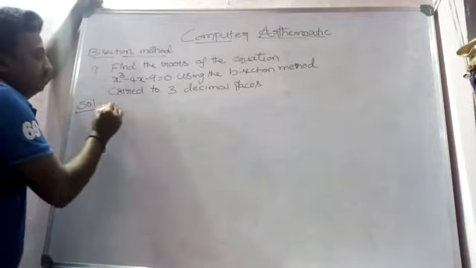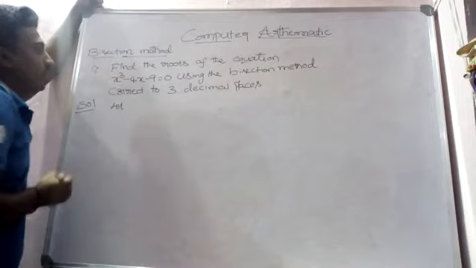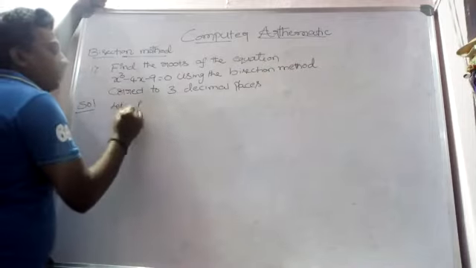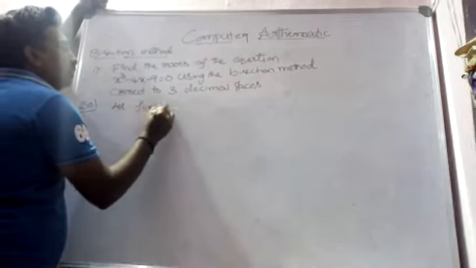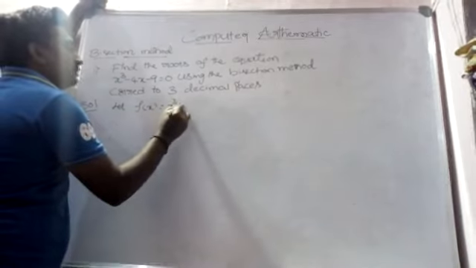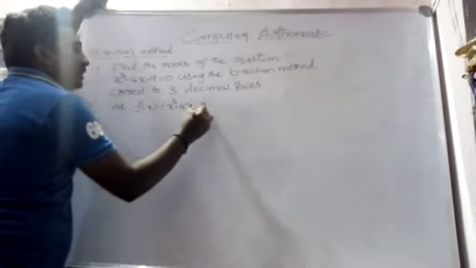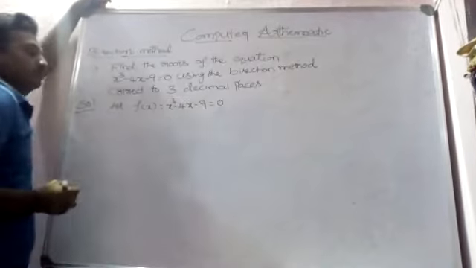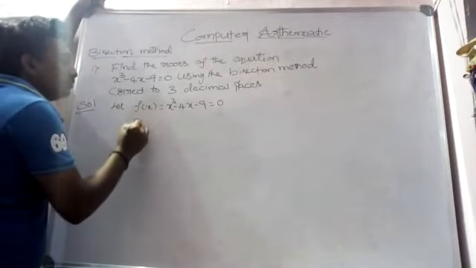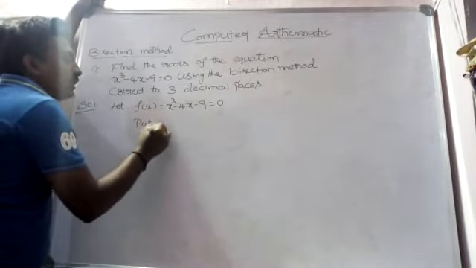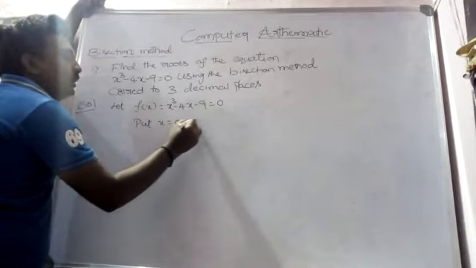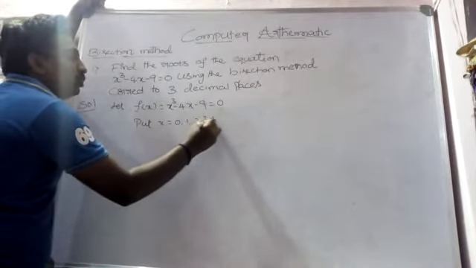See, we take f of x equal to x cube minus 4x minus 9 equal to 0. Put x equal to 0, 1, 2, 3, 4 and so on.